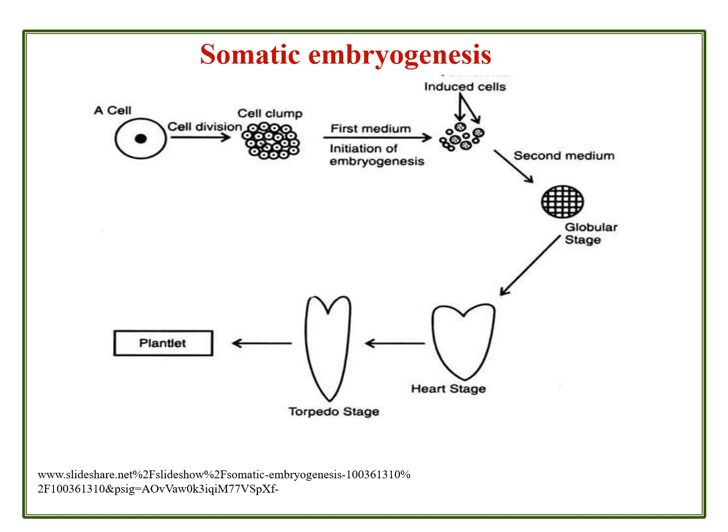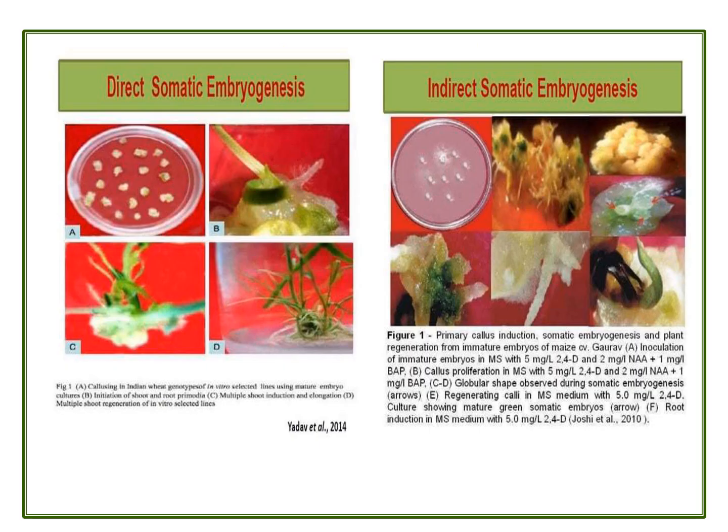The plantlets can be acclimatized in shade net areas or in a greenhouse chamber. So these are some examples: direct somatic embryogenesis, where plantlets can be raised from the embryoids, or indirect embryogenesis involving a callus phase. Here you can easily observe the prominent callus, and then the greenish color appears, indicating photosynthetic reactions.